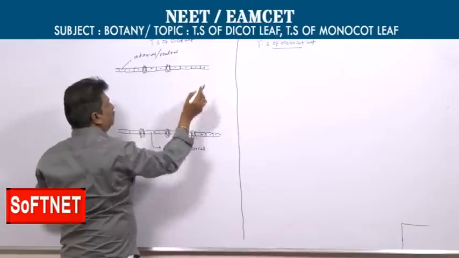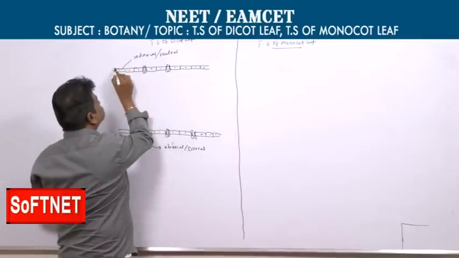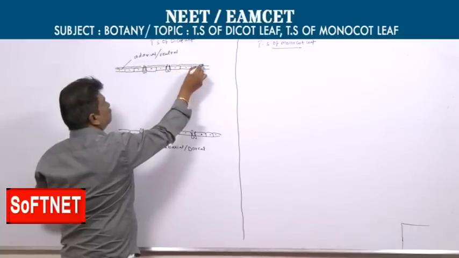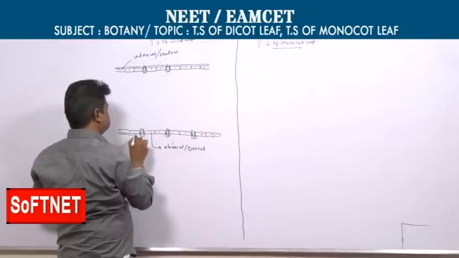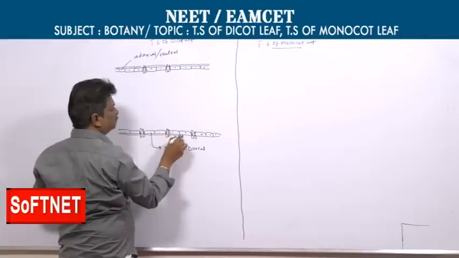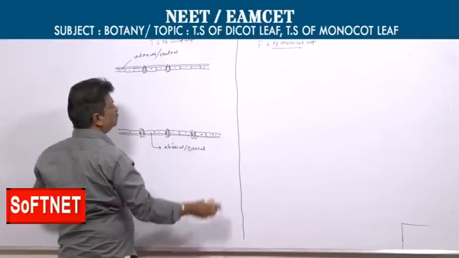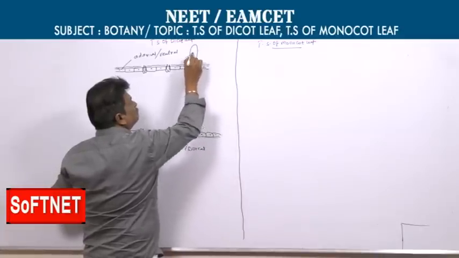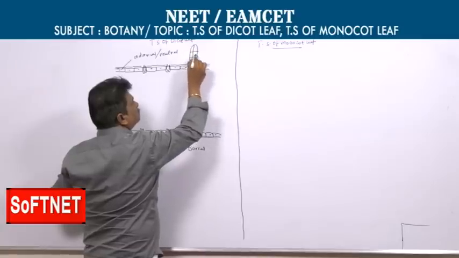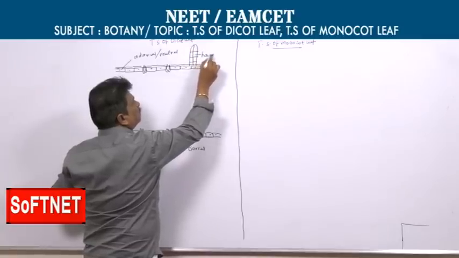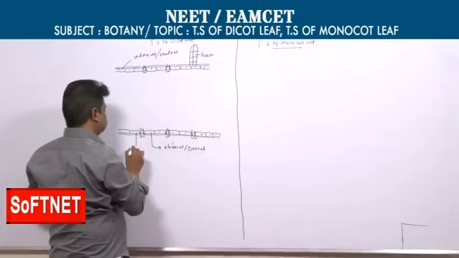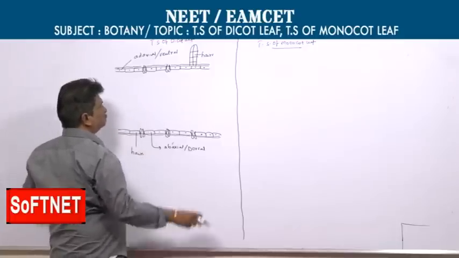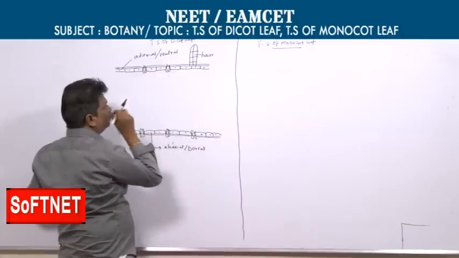This epidermis is covered by cutin. That cutin forms the cuticle. And in dicot leaf, this epidermis contains multicellular hairs.